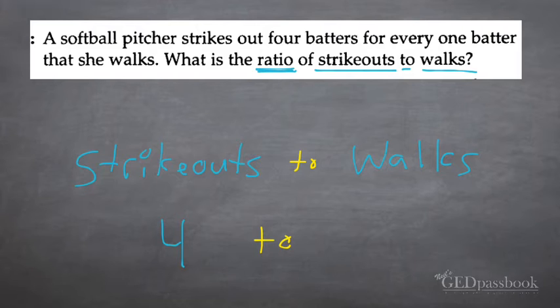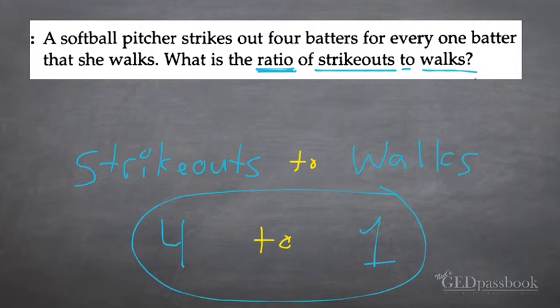Strikes out 4 batters for every 1 batter that she walks. So the walks is 1. If that's pretty straightforward, guess what? That's all ratios really are. Your final answer is 4 to 1. That is your final answer. It could look like that, 4 to 1.